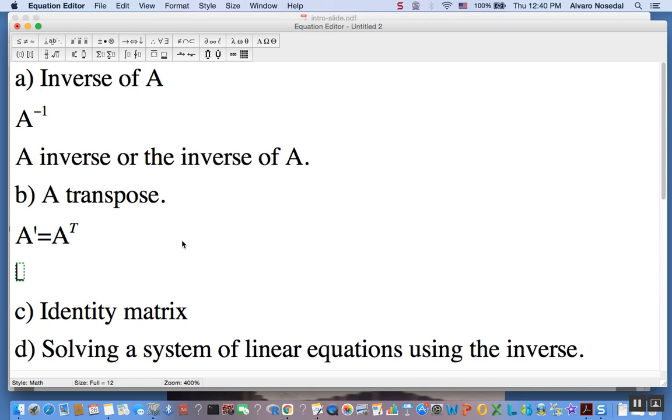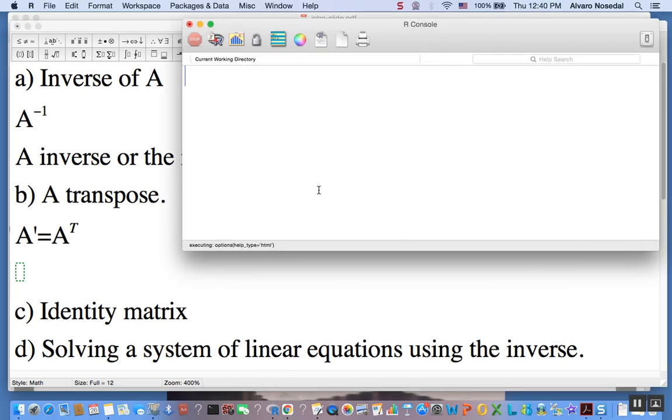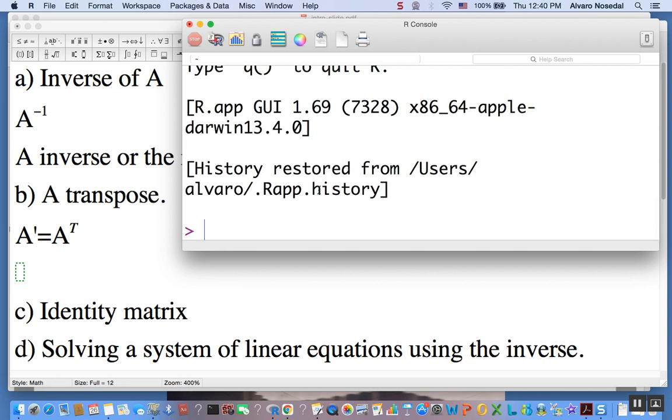How about we just do an example? Let's use R to find the transpose of a simple matrix. Let's define a matrix A with 3 rows and 2 columns that looks like this. Just like before, we're going to be using the special command matrix and c, concatenate.